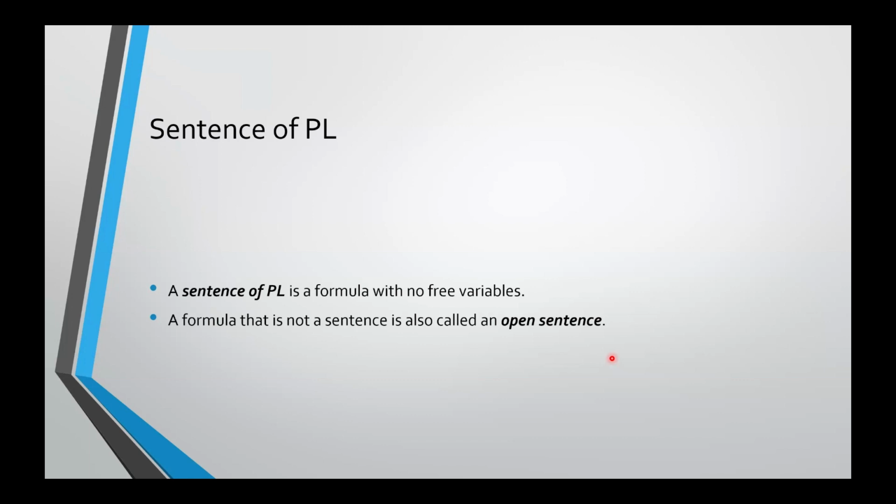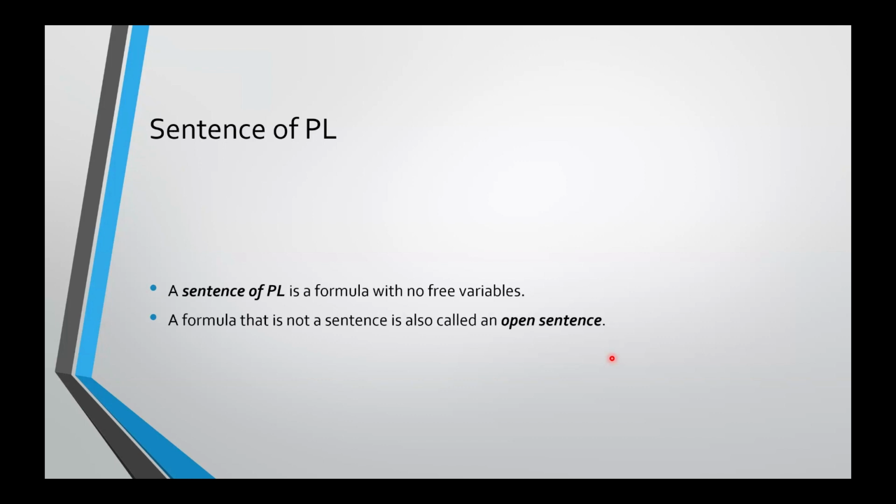And then any other sentence is going to be one that is either a truth functional compound of atomic sentences or contains quantified sentences where every variable is within the scope of an appropriate quantifier. Formulas that are not sentences are sometimes called open sentences. This is a bit of an older usage, but it's still fairly common. So that's the definition of a sentence of PL.